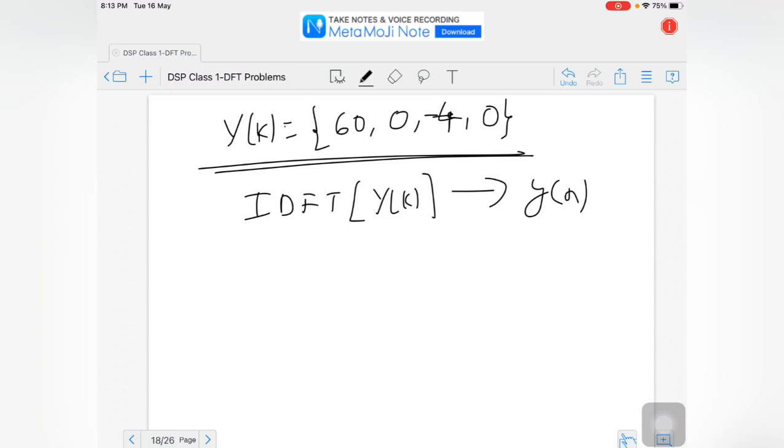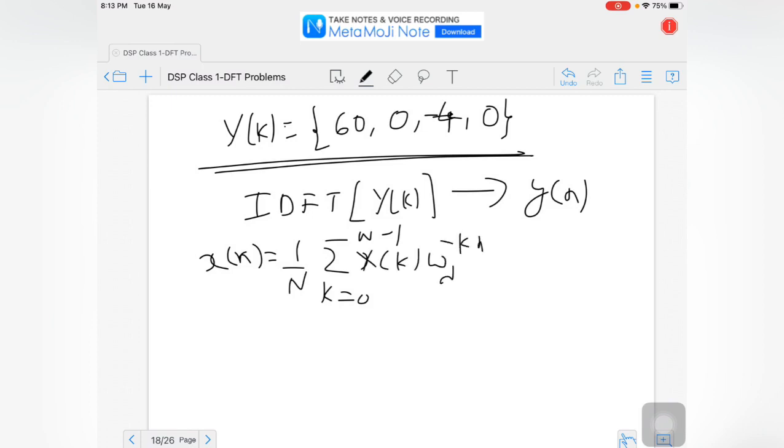How do we calculate the IDFT? The formula is x of n equal to 1 by N into summation k equal to 0 to N minus 1 of x of k omega N raised to the power of minus kn. This is the formula we use to calculate the IDFT. Now I am using the matrix method for the same.